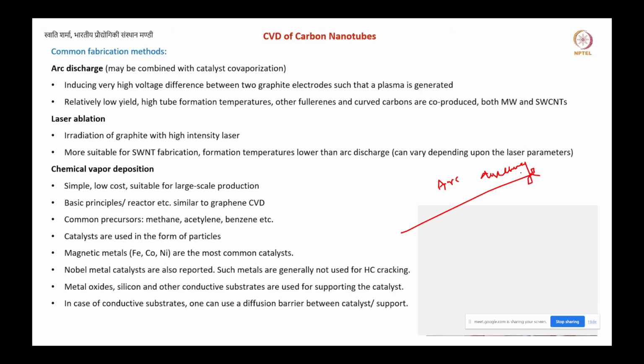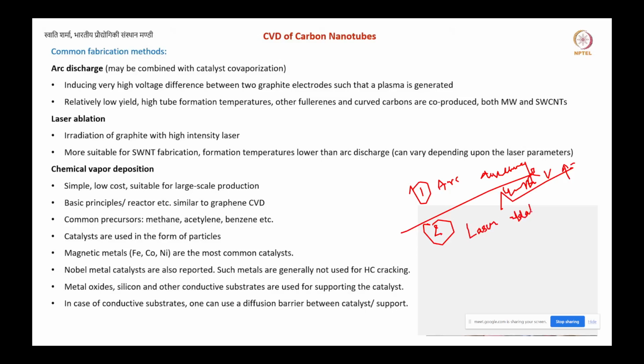Here the yield is relatively low and high tube formation temperature is required. Other fullerenes and curved carbons are co-produced, along with both multi-wall and single wall CNTs. So the first one is your arc discharge, where we apply a high voltage between two electrodes.